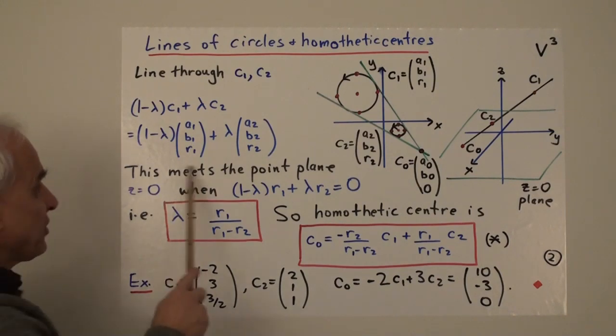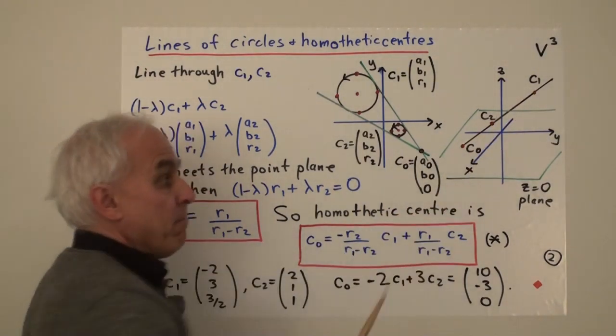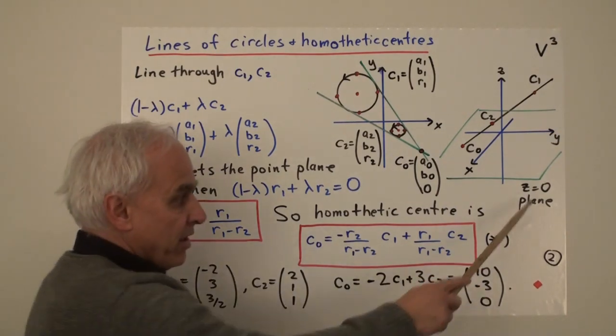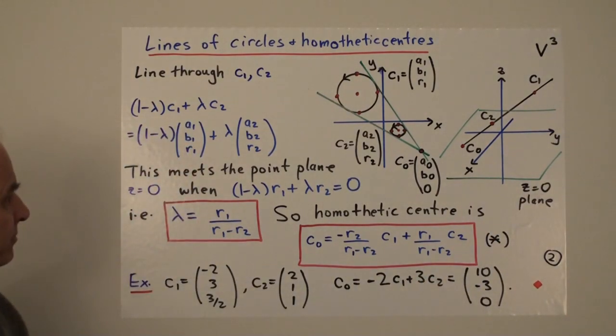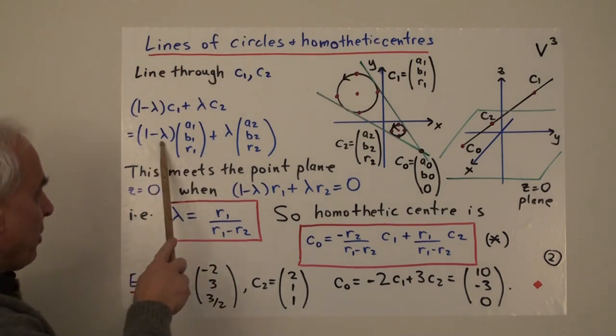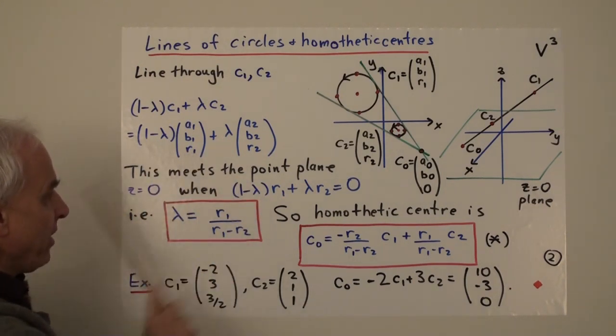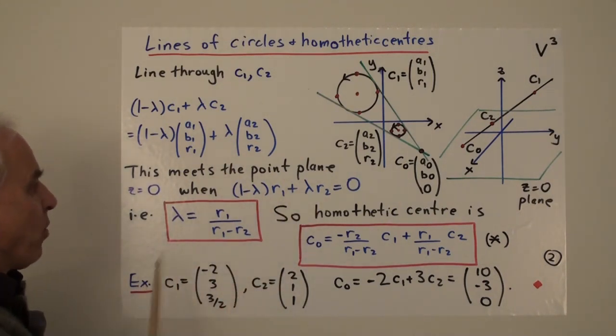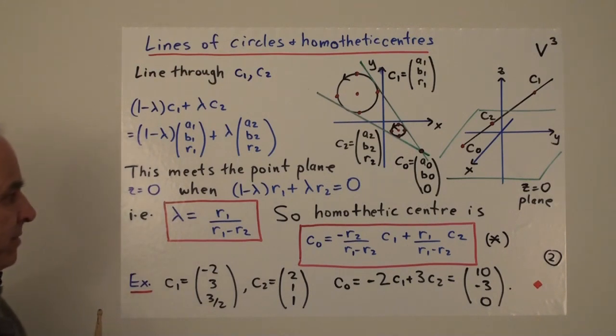All right, so we might be interested in where this line meets our horizontal point plane, the plane where z equals 0. If we look at the z-coordinate here, it will be 1 minus lambda times r1 plus lambda times r2. We might be interested in finding when that's equal to 0.